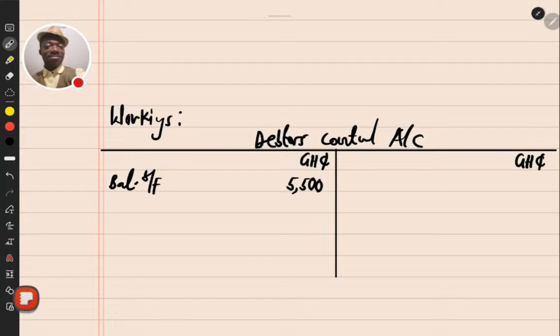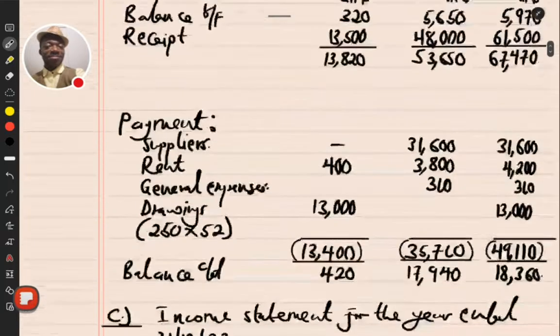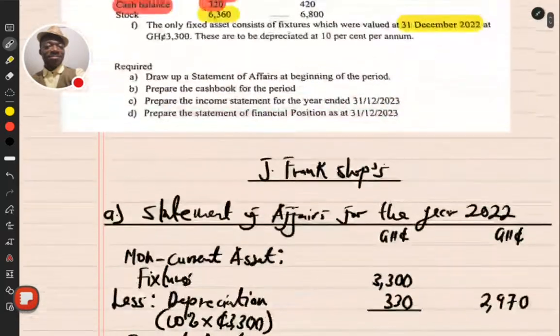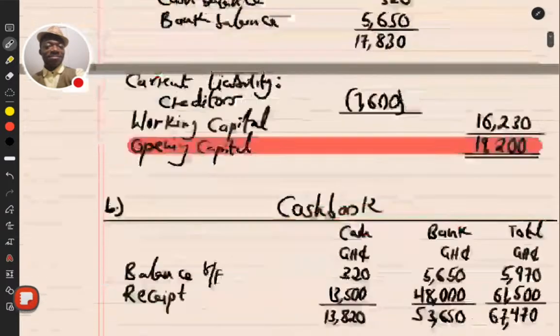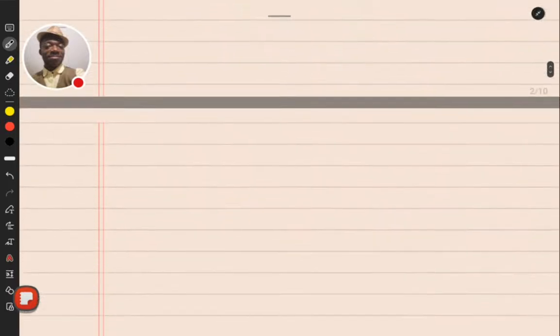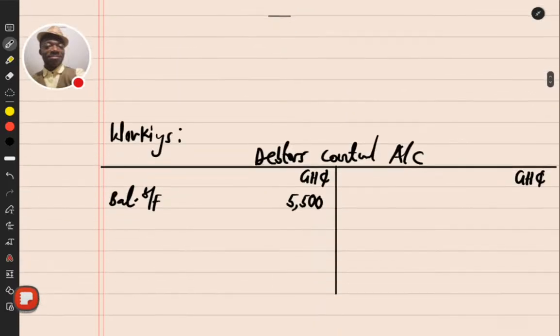The next thing we want to do is to ask ourselves, was there any receipt during the year? Yes, there was a receipt. We were told that the receipt value is 61,500, being divided into cheque of 48,000 and cash of 13,500. So since debtors has paid, it's going to be credited on the right hand side here.